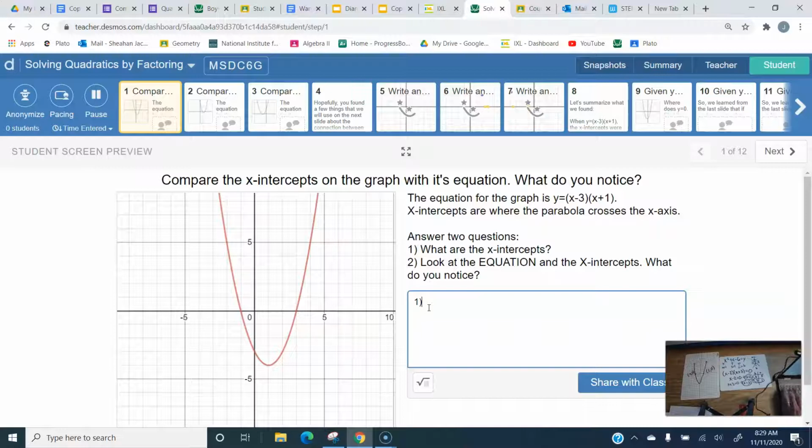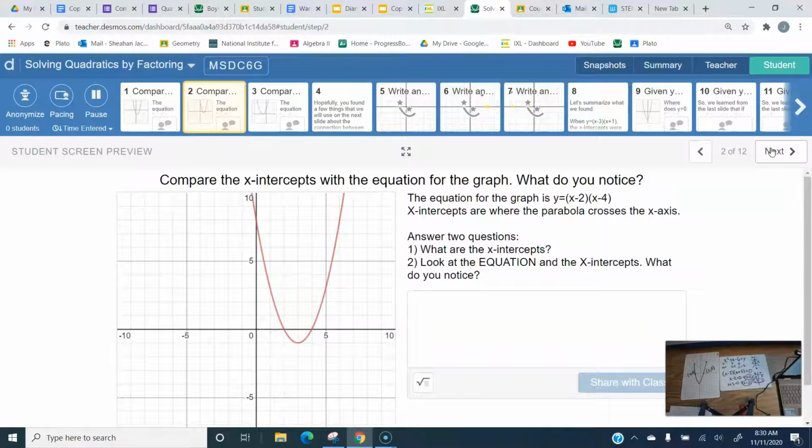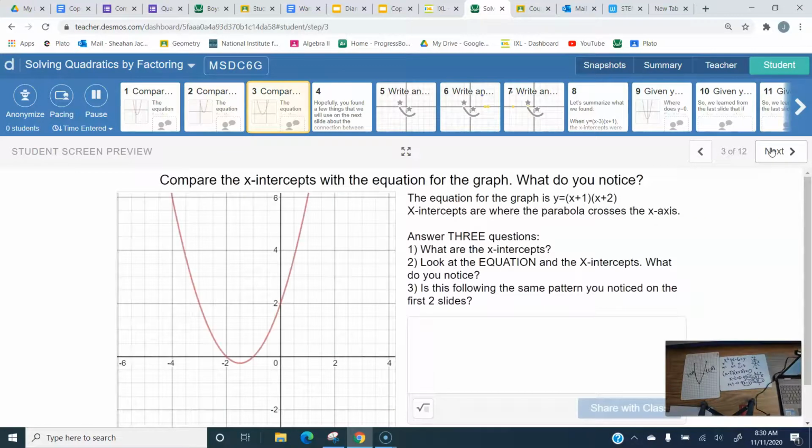You could just write 3 and, in this case, -1. And then look at the equation and the x-intercepts. What do you notice? It's just like I did on the whiteboard there. Okay? You'll notice that 3 is positive even though it's minus. 1 is negative even though it's plus. Okay? As you go through these, you're going to be looking at the same sort of thing. What are the x-intercepts? What do you notice, the trend?